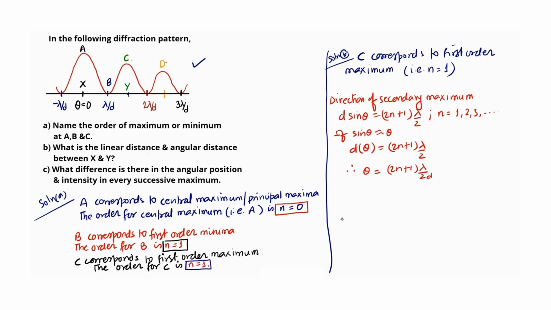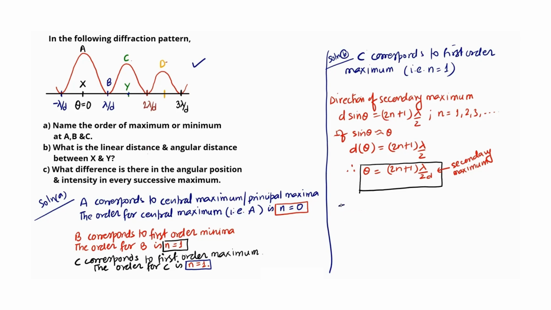We can also write theta equals plus minus 2n plus 1 lambda by 2d. So this is to be noted.